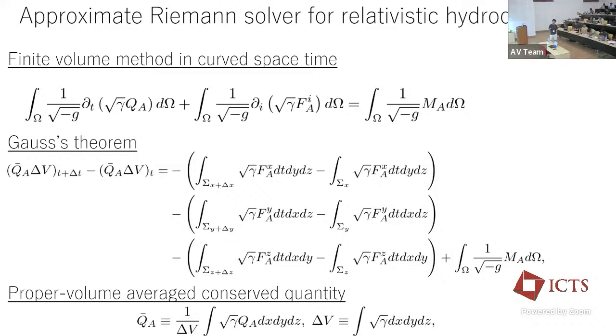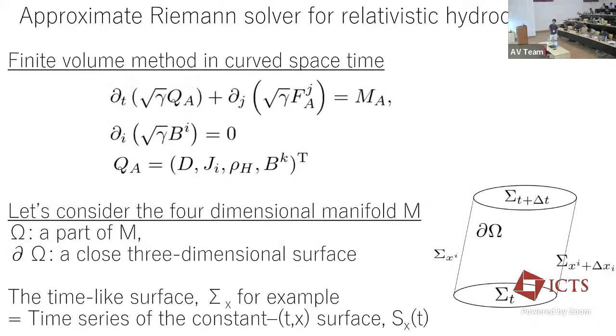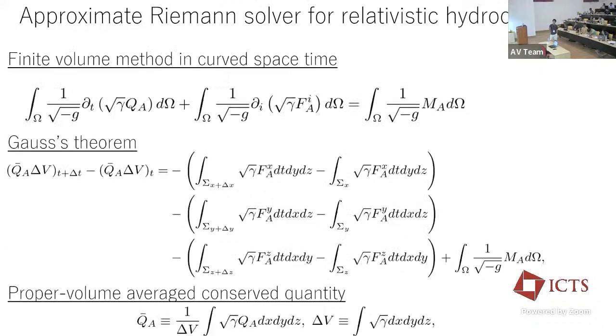Okay, and if you integrate these equations inside this manifold, you have these equations. By using the Gauss theorem, the first term is just the integration in terms of the time t, and for the second term you can use the Gauss theorem for the divergence flux, and then you can write down something like this, right? And you also have a source term.